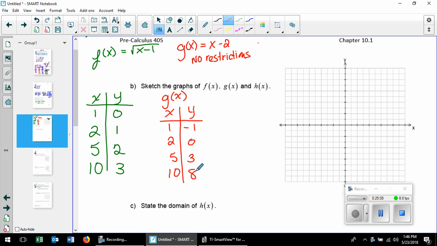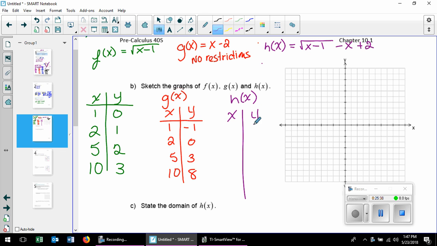Even though there's no restrictions here, I'm going to use this table of values so that I can use the easy way to find my h of x. Because I am way too pretty to spend time. So the h of x graph was the root of x minus 1 minus x plus 2. I'm really too pretty to keep substituting into that formula.